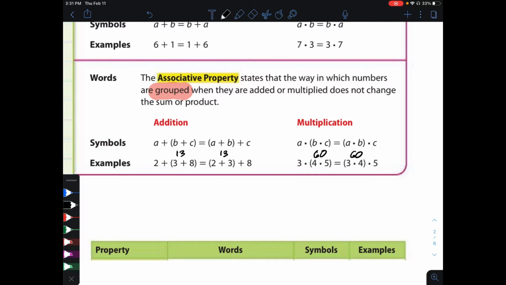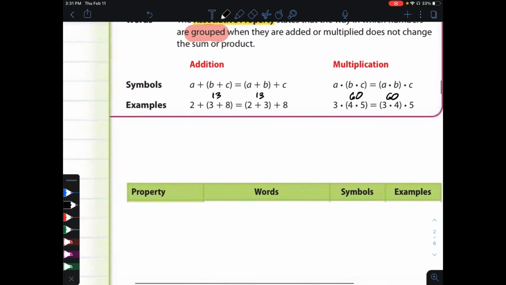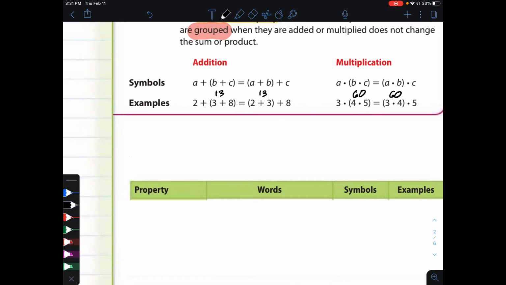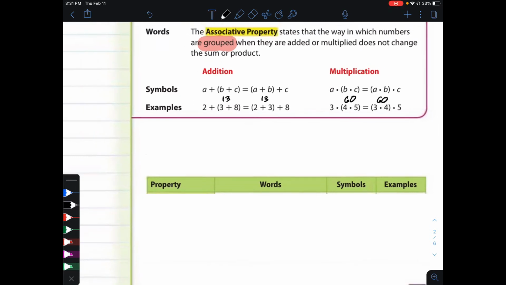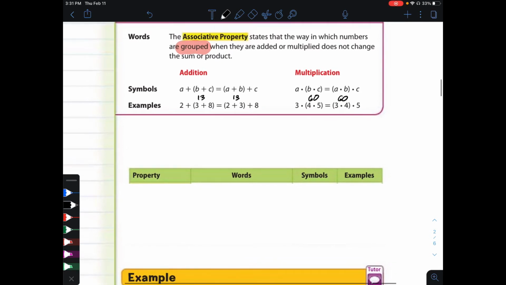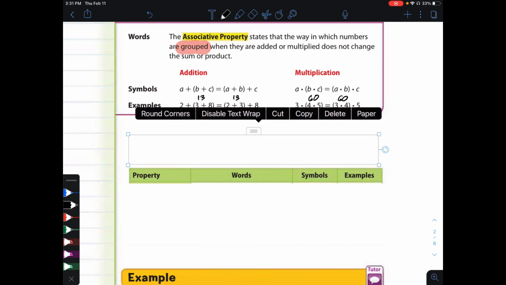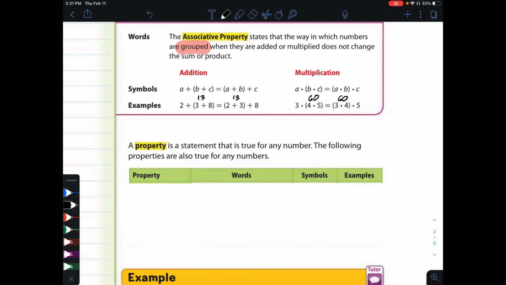multiplication. Okay? Now let's take a look at what the meaning of the word property is. So we've talked about the commutative property and the associative property, but what does the word property mean? A property is a statement that is true for any number. The following properties are also true for any number.